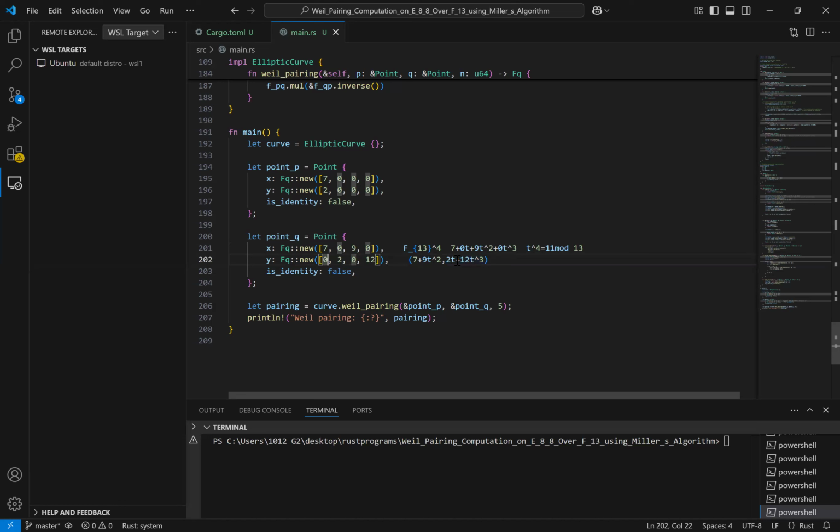Then the one that is multiplied by t is 2. And then the one multiplied by t square is 0. The coefficient of t cubed is 12. Because it's supposed to look like something like this. The y coordinate should also be something like this.